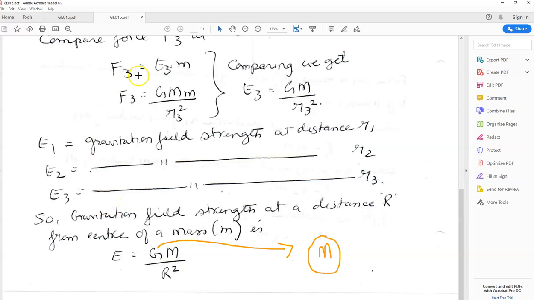So by comparing this simple equation F is equal to gM or F is equal to Em with Newton's law, we are able to derive, or it is one of the ways to remember, the equation for finding the gravitational field strength at a distance of r from the mass.